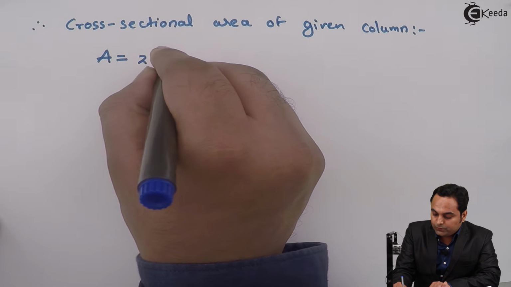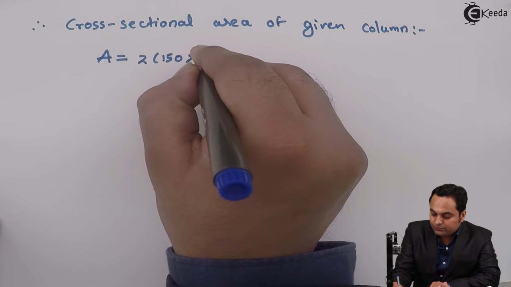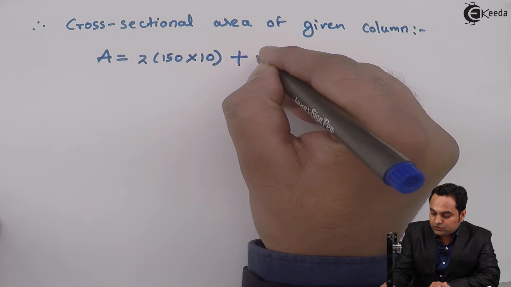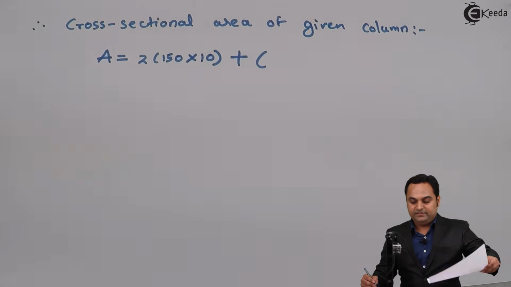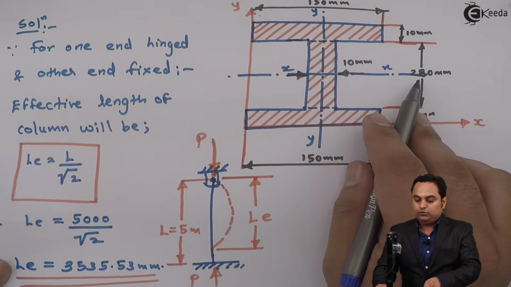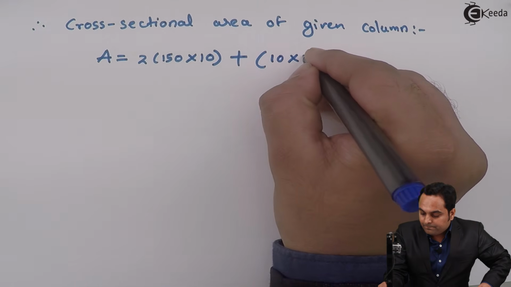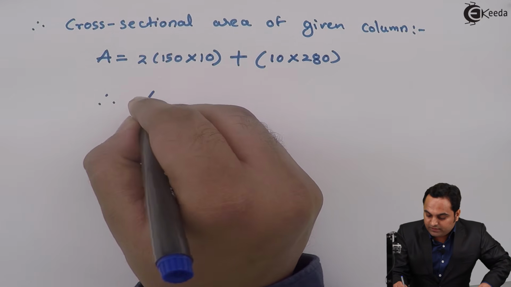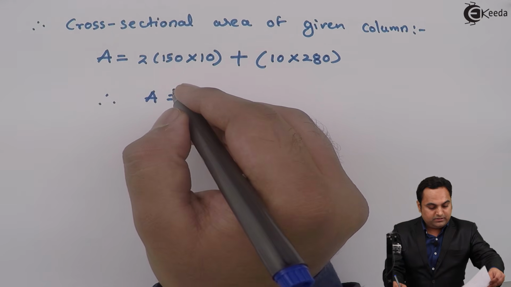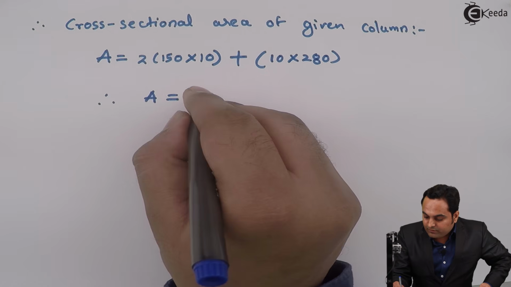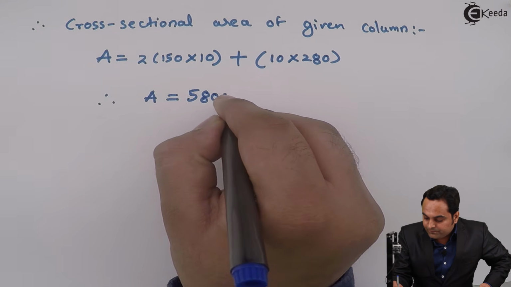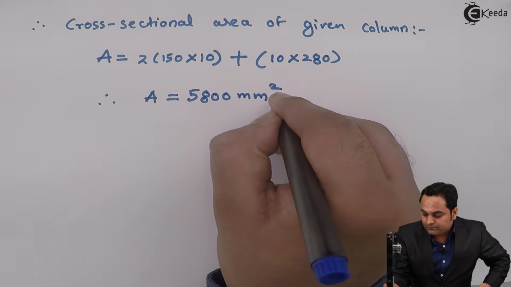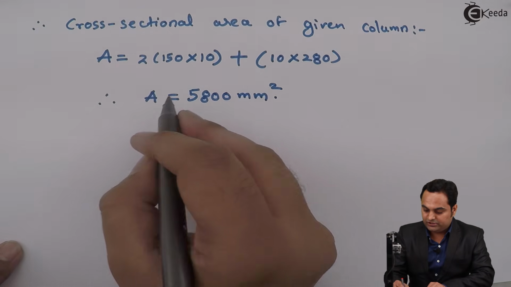So 2 into 150 into 10 plus the web, which has an area of 10 into 280. So the answer for capital A comes out to be 5800 mm square. This is the cross-sectional area of the column.